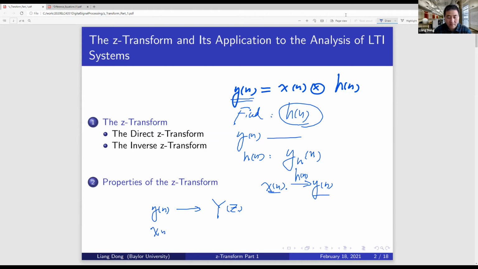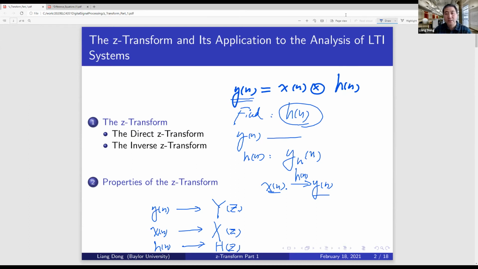And x[n], similarly, doing the same transformation, becomes a function X, but of a different variable. Instead of the time variable, I have a variable called z. Z is a complex variable. And similarly, I have this impulse response h[n], also a function of n. We can write this as capital H of z.